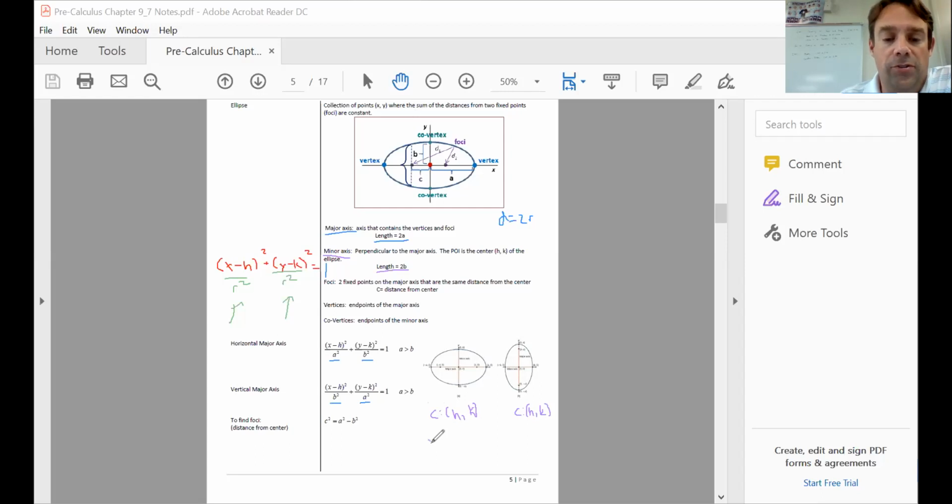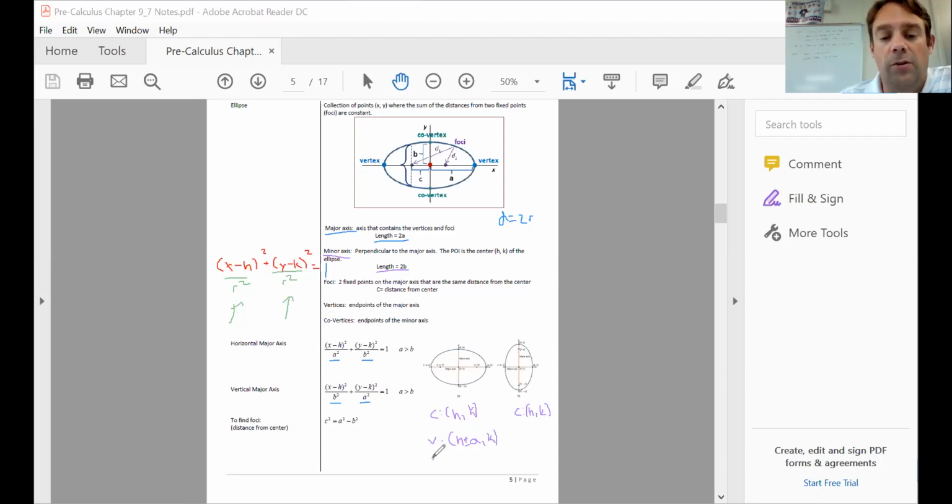Now the vertices on the horizontal, that's the A value going out left and right. So the vertices on the horizontal are going to be H plus or minus A, and they're going to have the same K value.